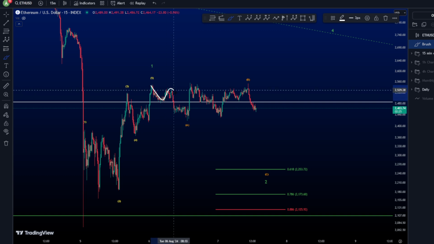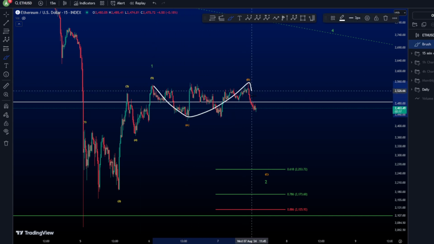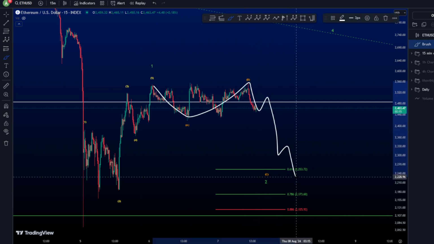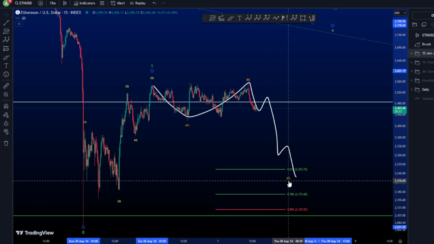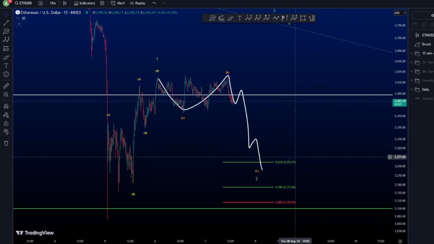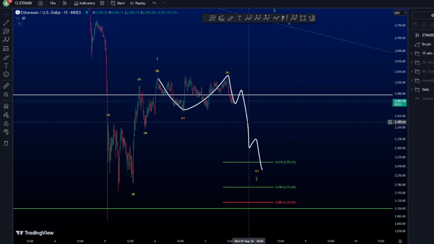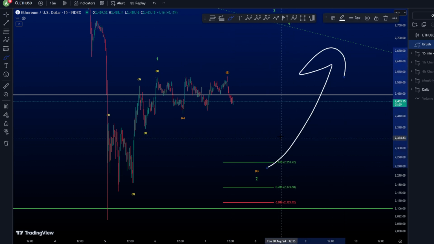However, if we count the wave 1, 2, 3, and we have here also 1, 2, and a 3, then we are forming an A and B, and we are looking for an impulse towards the downside, finishing the wave C, finishing the wave 2 exactly on the fib level, if possible. That would be nicer. And from there, we take a bigger impulse with a wave 3 towards the upside, right?